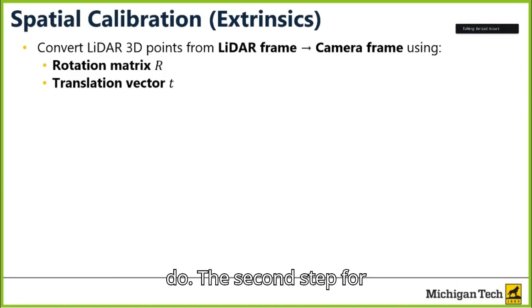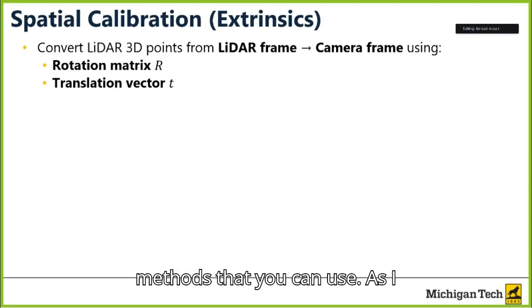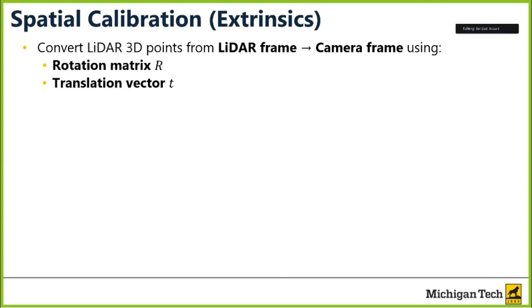The second step is spatial calibration, or finding the extrinsic matrix. There are some methods that you can use. As I mentioned, this extrinsic information has two parts: a rotation matrix and a translation vector.